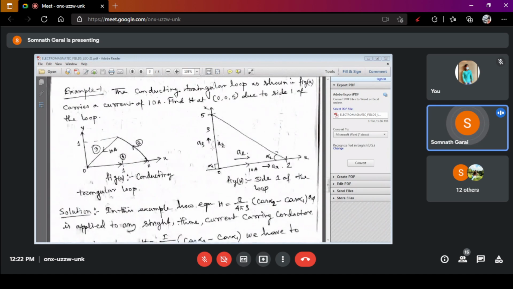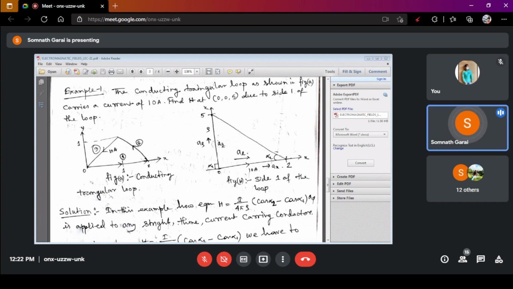If you take this triangle, the perpendicular is 5 and the base is 2, so the hypotenuse is the square root of 5 squared plus 2 squared, which is root 29.